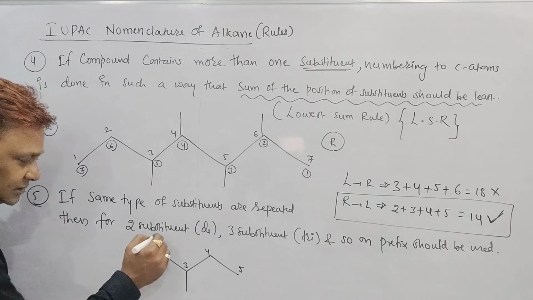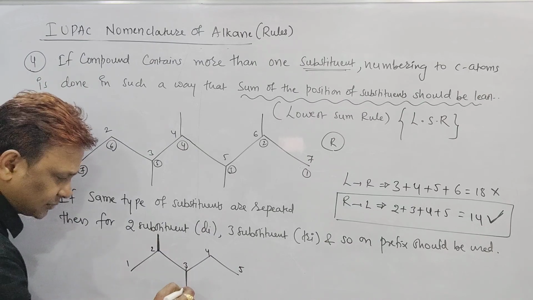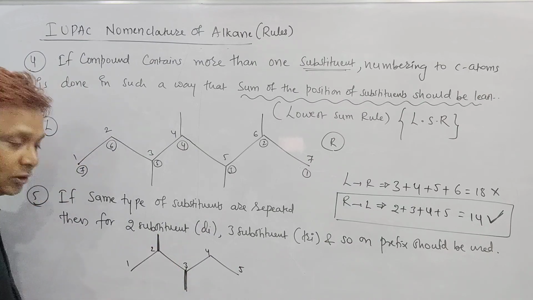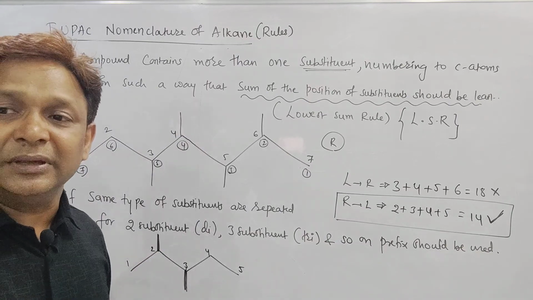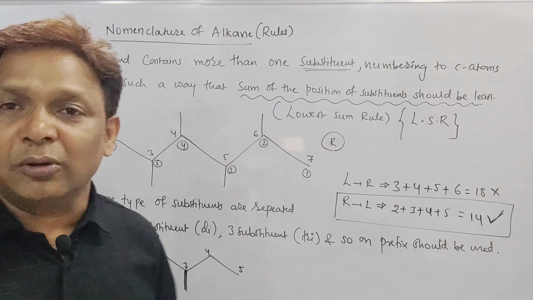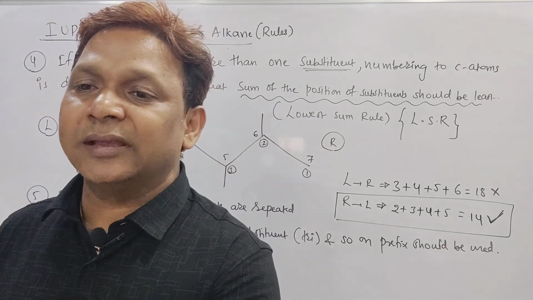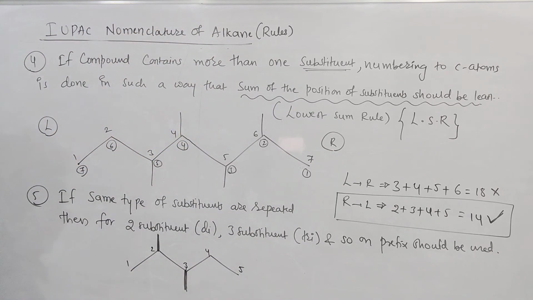But see here, a substituent is present on the second carbon and a substituent on the third carbon. Do you know, beta, what this substituent is called? Sir, this substituent will be called a methyl group. And this substituent is called a methyl group. How many methyl groups are there, beta? 2, called dimethyl.